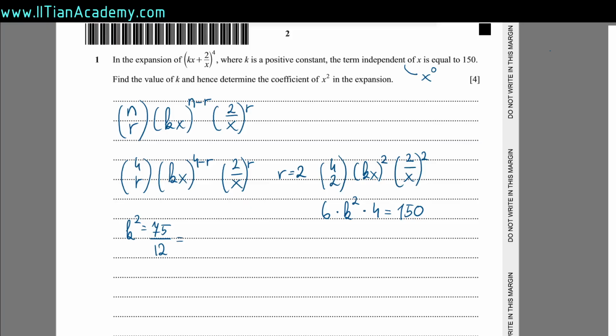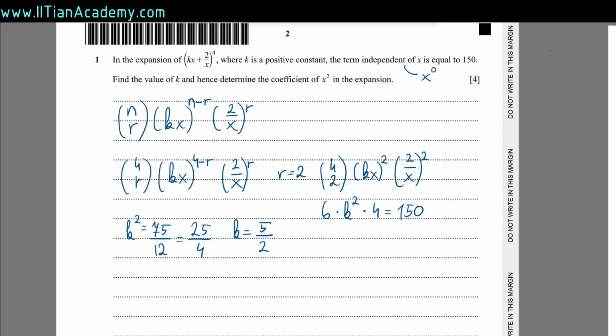We can still divide this by 3, so 75 divided by 3 is 25, and 12 divided by 3 is 4, so 25 over 4. Now we can just take the square root, and then we will find that k is equal to 5 over 2, obviously. The square root of 4 is going to be 2.